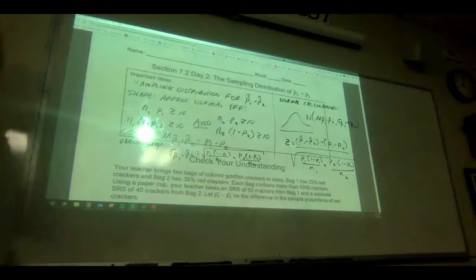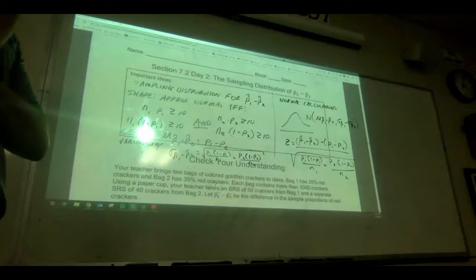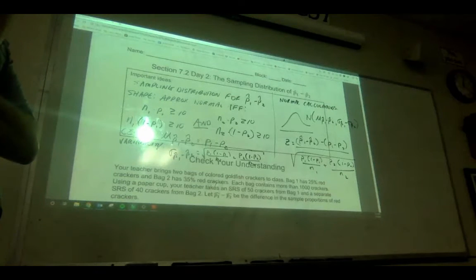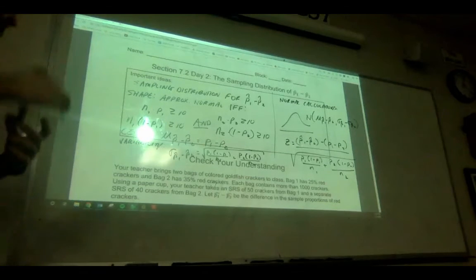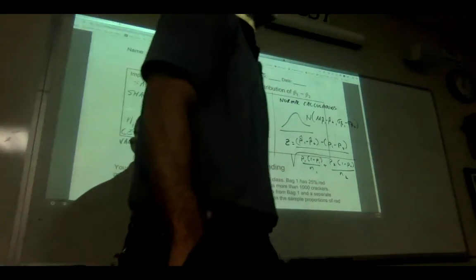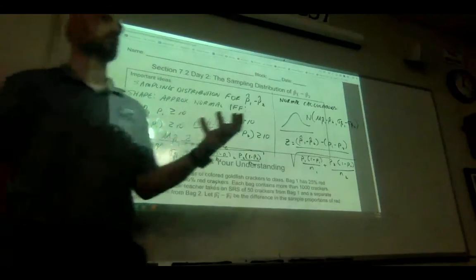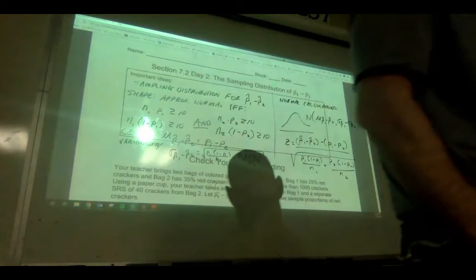Are there going to be ones where you find the combination, where you just do plus instead of the difference between proportions? No, because what we're trying to assess is the difference in two things. Are they the same? And in asking the question, are they the same, is the difference zero? A difference of zero would mean that they're the same.